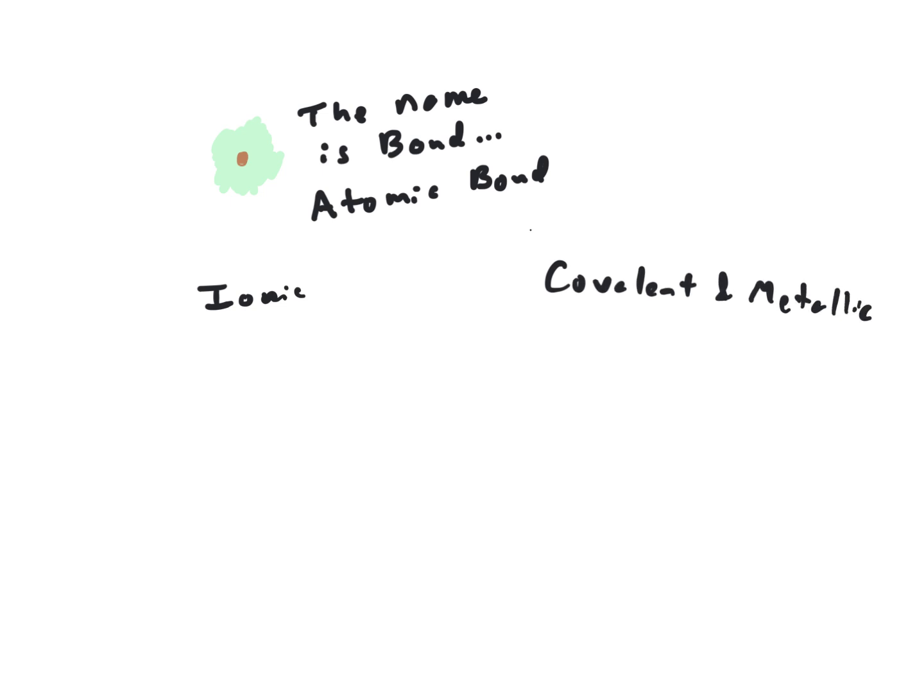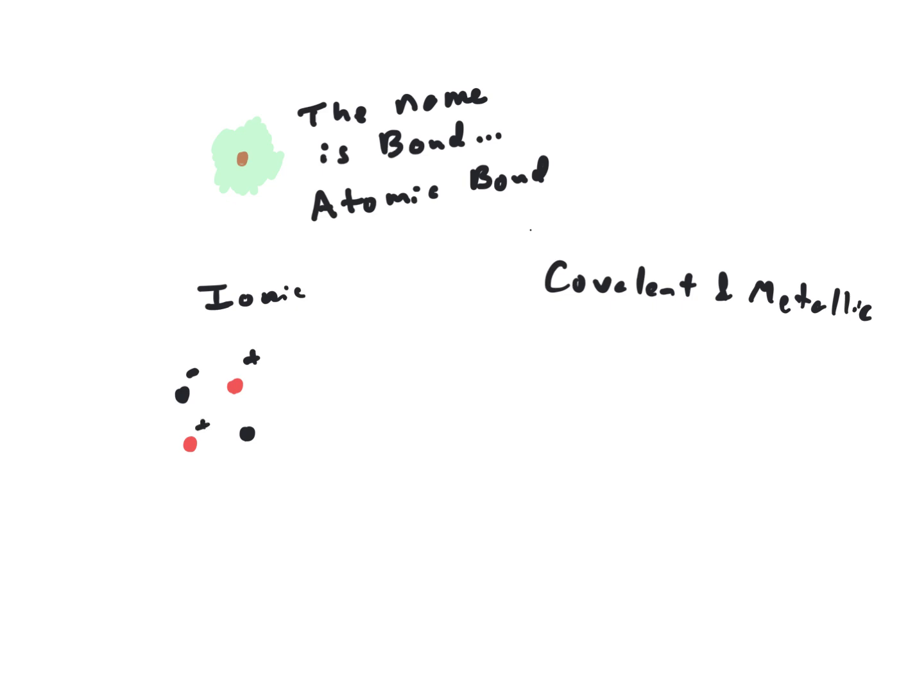Now, the ionic ones are actually relatively easy to understand because in these circumstances you have atoms that are going to be different types, and they are going to have associated charges with them. So sodium chloride is a really good example of this.